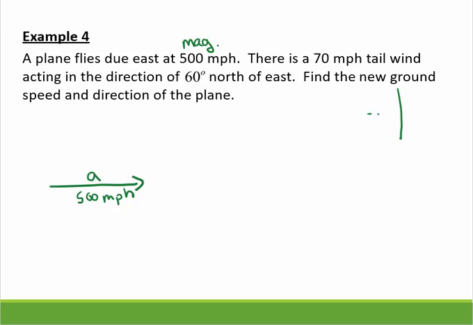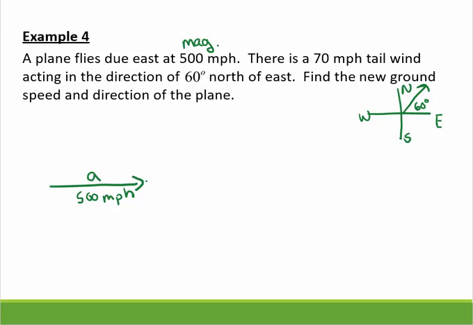So looking at that just in terms of north, south, west, east, 60 degrees north of east would look something like that with a 60-degree angle there. I now need to find the new ground speed of the airplane.